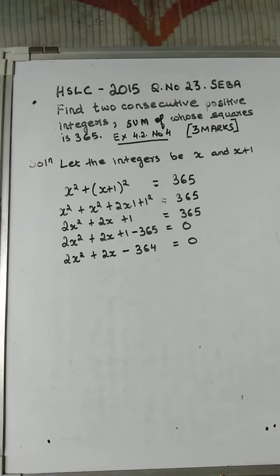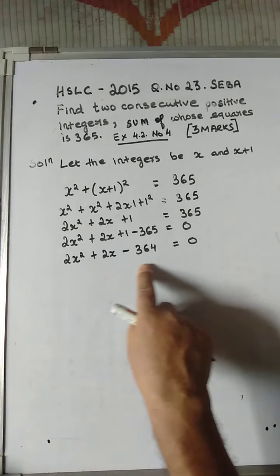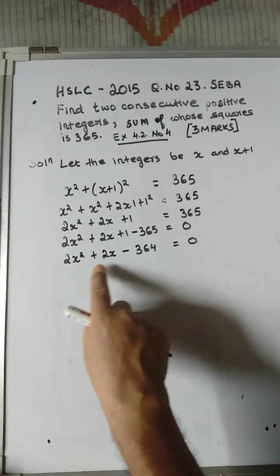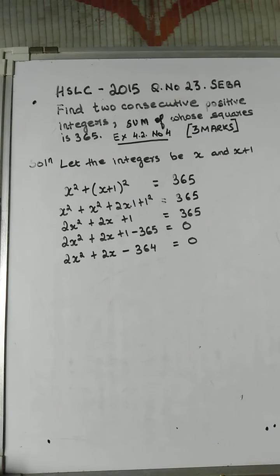You now have a quadratic equation, but if you watch this equation, it all has even numbers. 2 is an even number, another 2 is an even number, 364 is even. And you would notice that there is a common factor 2 with all the terms in this trinomial quadratic equation.